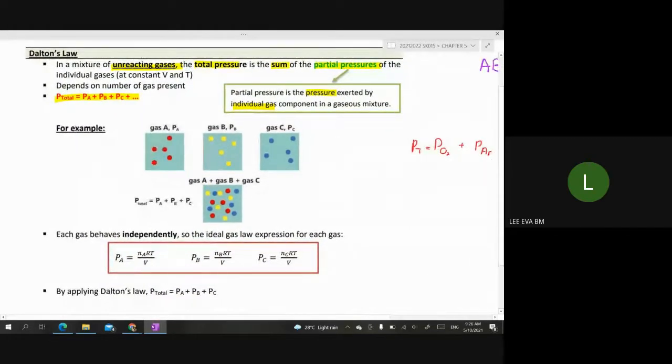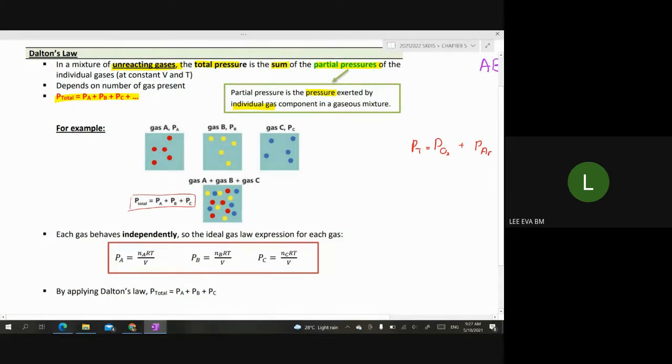So, for example, in the diagram, I'll show you some colorful pictures. Gas A, the red color. Gas B, and then we got PB. Gas C, we got PC. So the overall total pressure, we just add up together. That means in this container, we are containing gas A, gas B, gas C. But they are all unreacted.